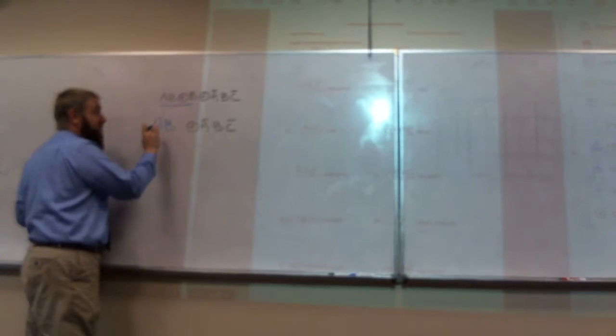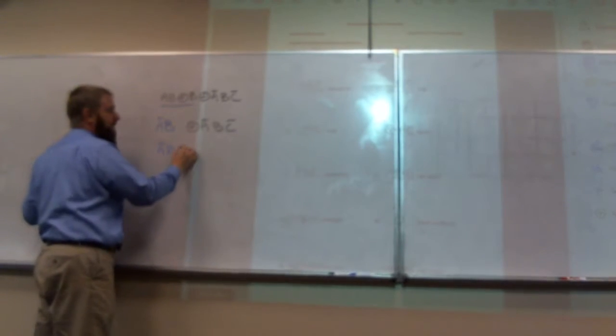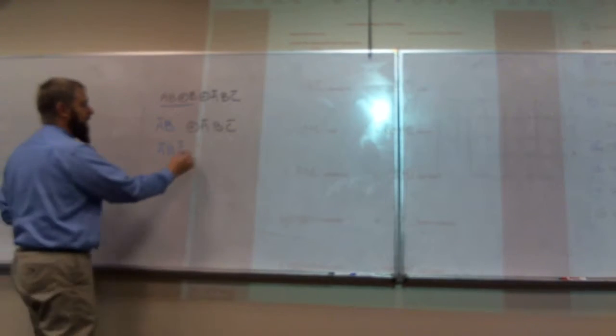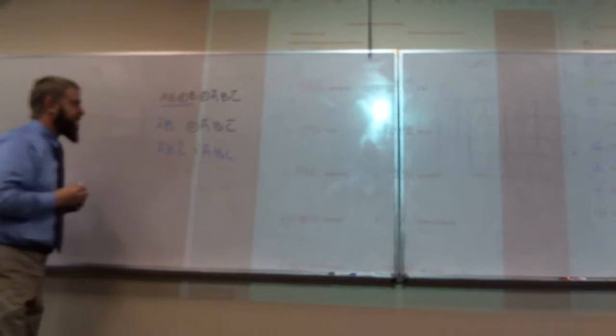So that would be A naught, B, C naught, which is C. Oh, okay. That kind of makes sense.